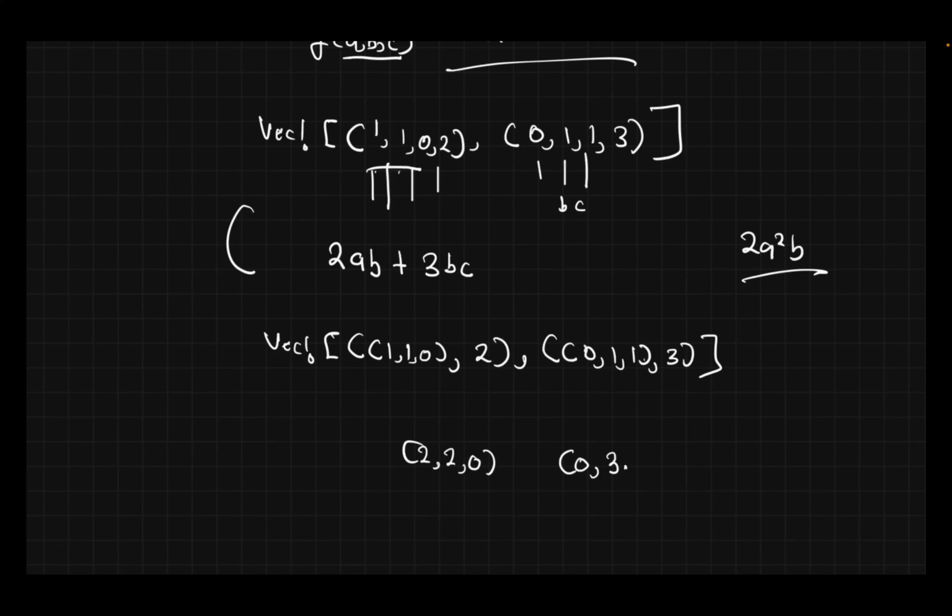I evaluated it with ABC as 1 1 0, and then I multiplied through with 2, holding the constant and the variables together. Wait, how did you get 2 2 0? ABC is 1 1 0 and then I multiplied through with 2. Is this sparse now? We're not doing just this thing now.